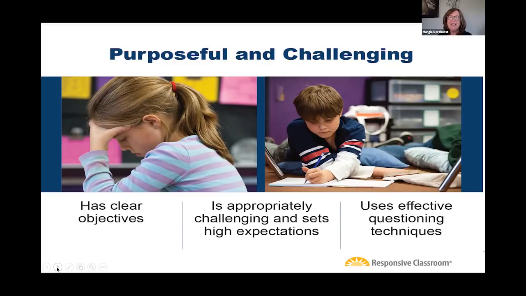But we get kids to put it in their language. What's in it for them? And throughout the lesson, we also want them to generate those same ideas, not just wait to the very end. And when kids can see what's in it for them and make those connections, they're much more engaged throughout.